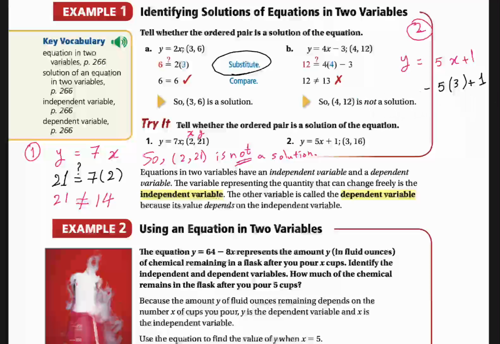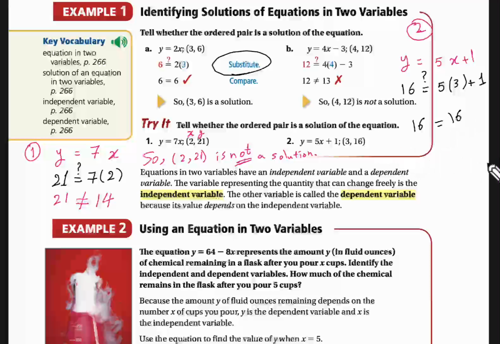And y is 16, so we need to check if the right side and the left side are the same. We have 16 here, so 16 equals 16. They are equal, so 3 and 16 is a solution.